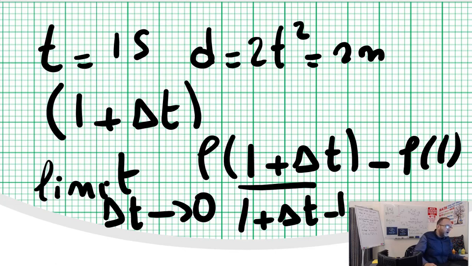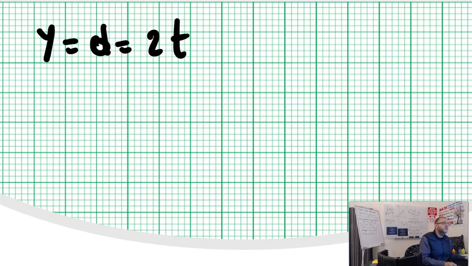I'm studying at 1. So I took a specific point, time equal 1 second, and I'm studying 1 plus delta t. What happened after that 1 plus delta t? That's all I'm doing. Okay? Now, the original function is d equal f of t equal 2t squared.